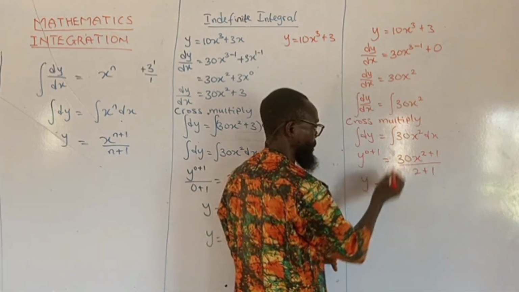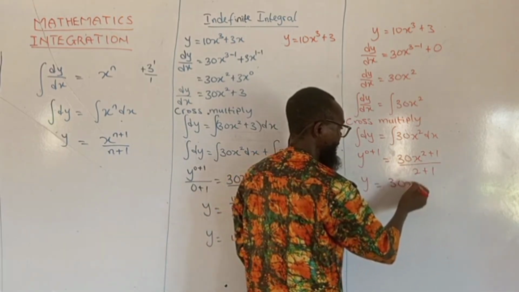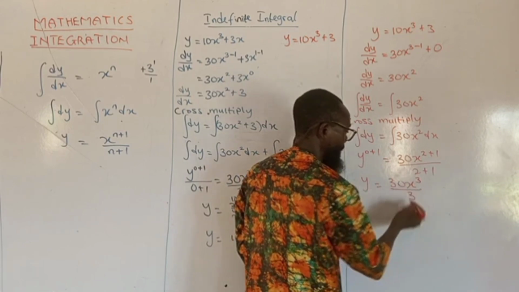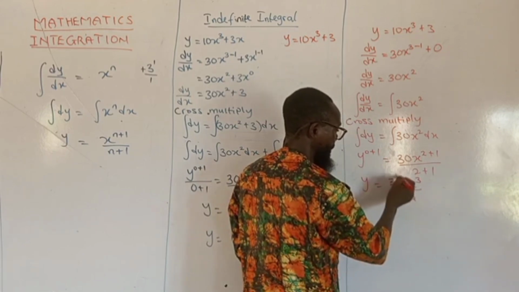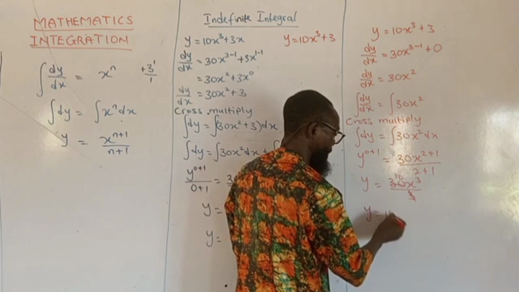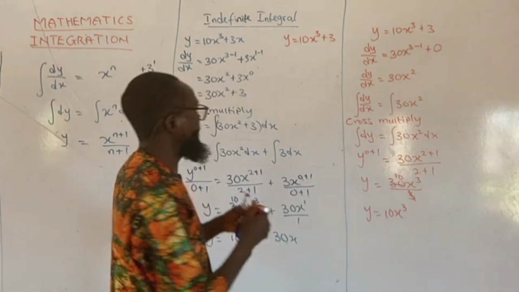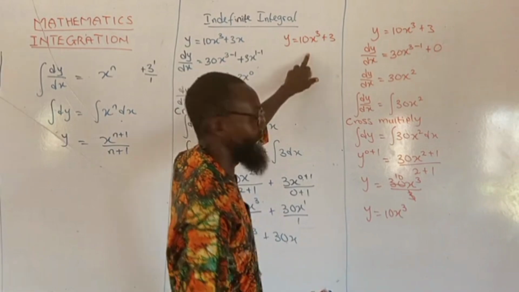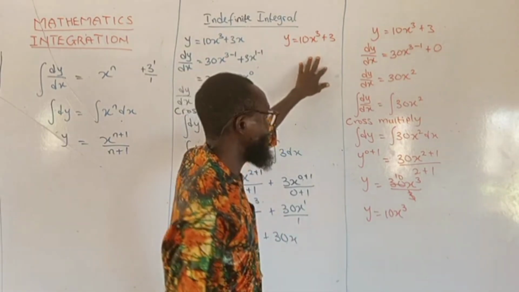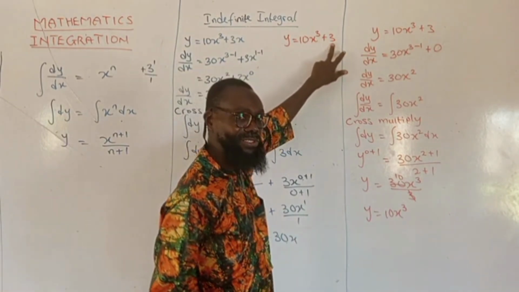So y equals 30x to the power 3 over 3. 3 goes in, 3 goes here, we have 10. y is equal to 10x cubed. When you look at this, we have come back to where we are coming from, but something is missing. What is missing is this constant, 3.